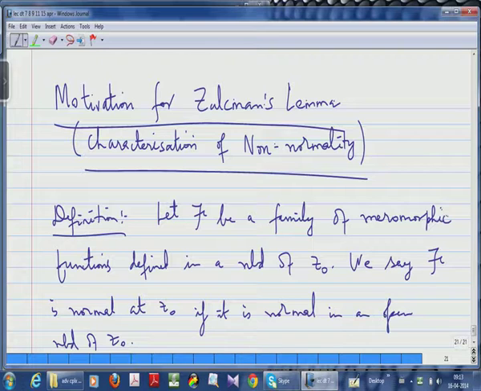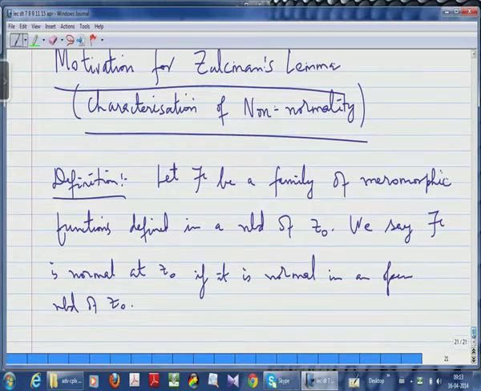So that is the definition, and so the question is, suppose a family... And of course a family is normal on a domain if it is normal at every point.